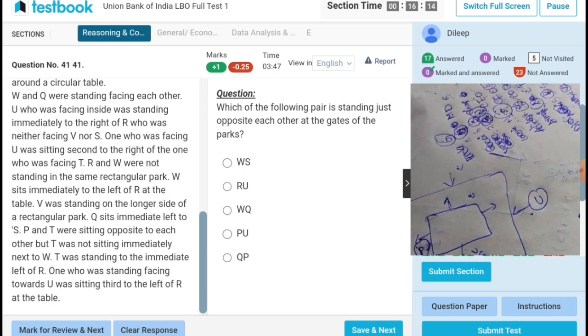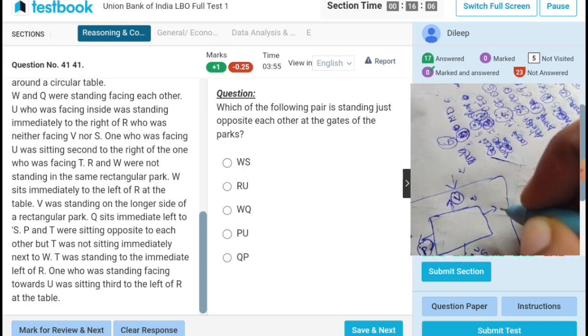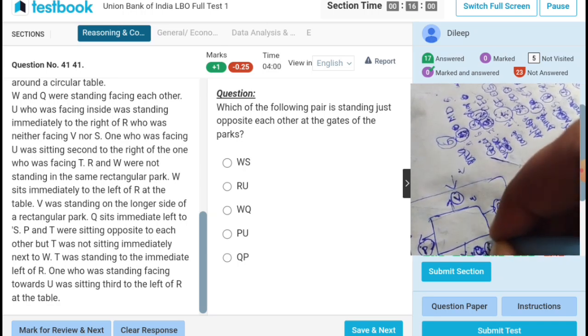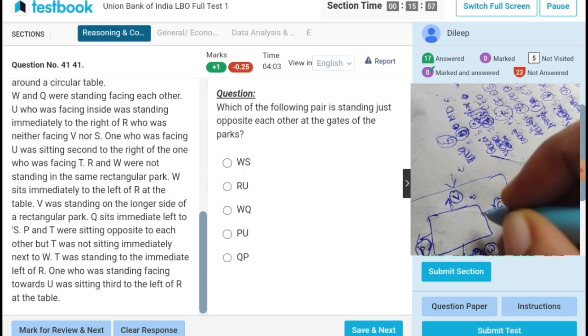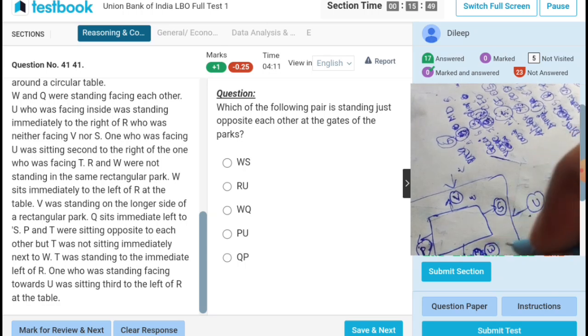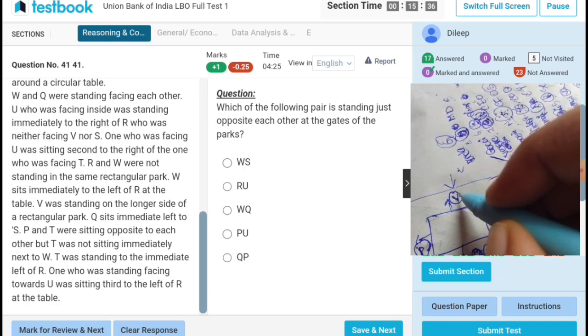One who is facing neither V nor S. The one who is facing you, second to the right of R. R and W standing in the same rectangular arc. W immediate left of R. V is on one of the longer sides of the rectangular park.